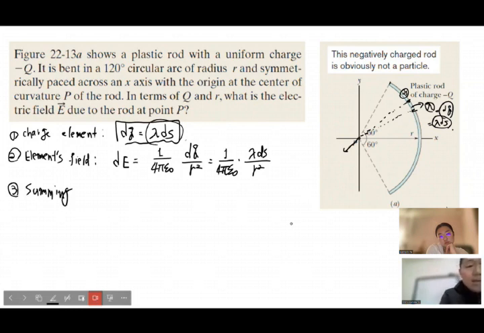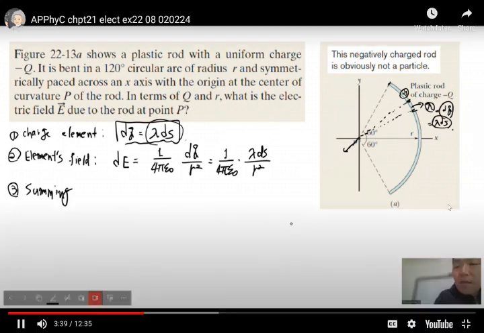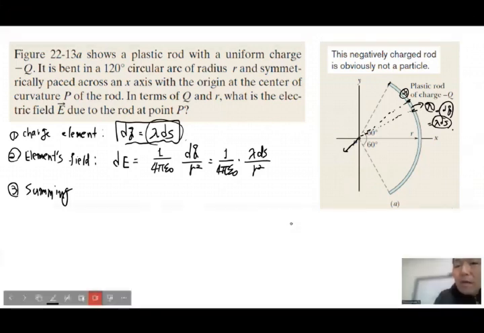So the next step is summing this line element along the x-axis. You have the electric field from the charge line element from minus 60 degrees to plus 60 degrees. But let's take a look at the x component of the electric field of this line charge.